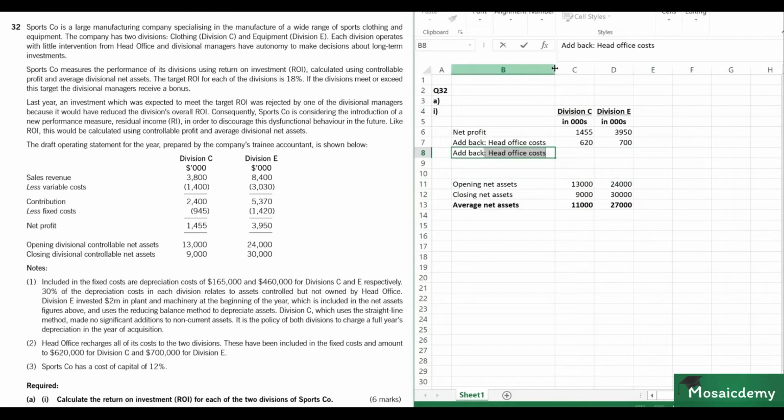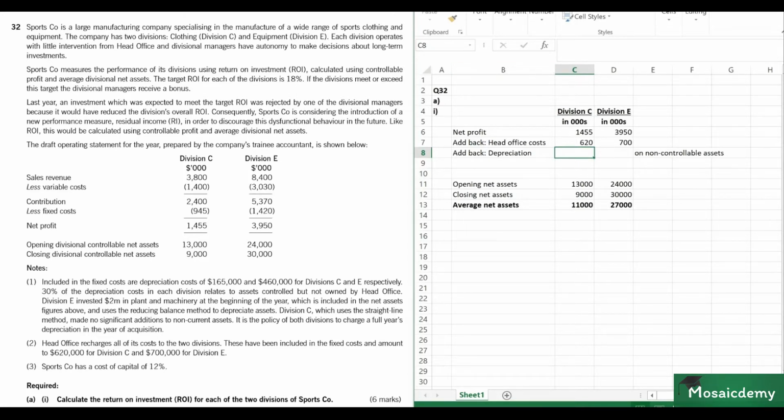Okay, let's make some more space for the other. Add back depreciation on non-controllable assets. Let's just make that a hyphen. Okay, now how much would that depreciation be?